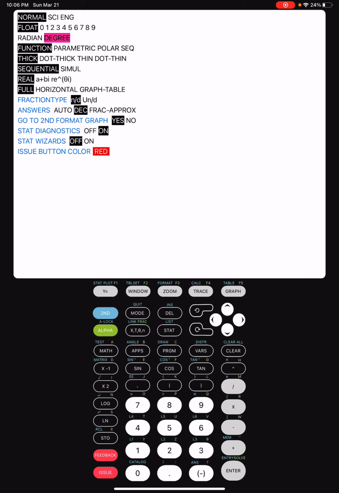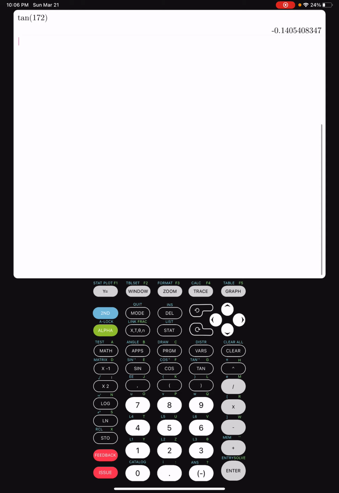So number 2 was a radian mode. Cosine of negative 1.82, that was the second one. So that's my answer right over here. And then the next one was a secant one.